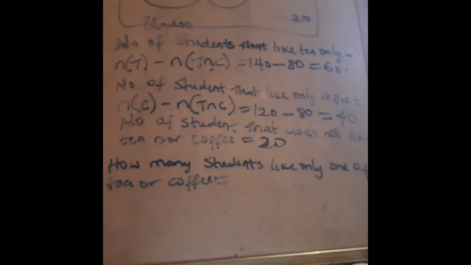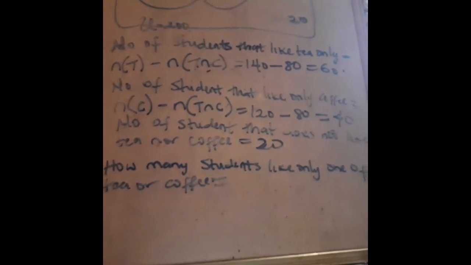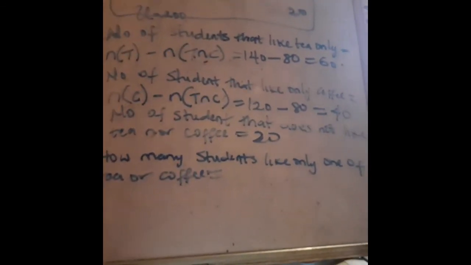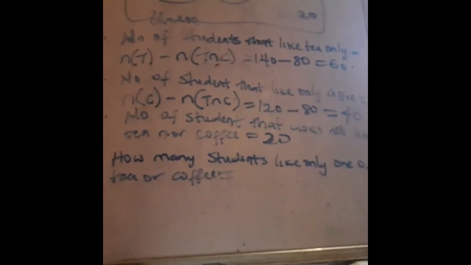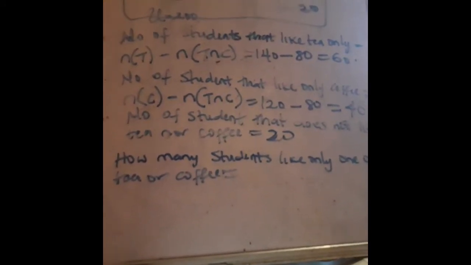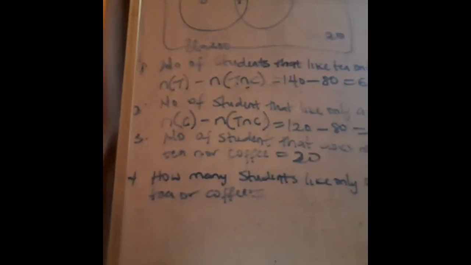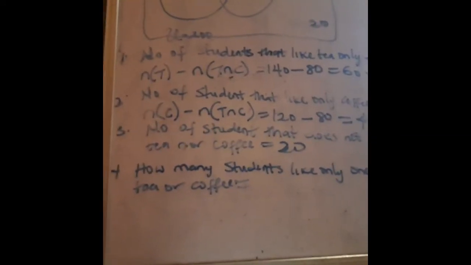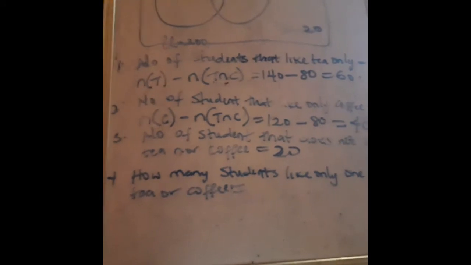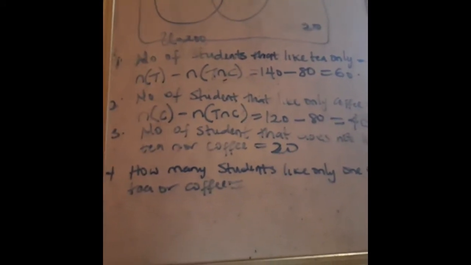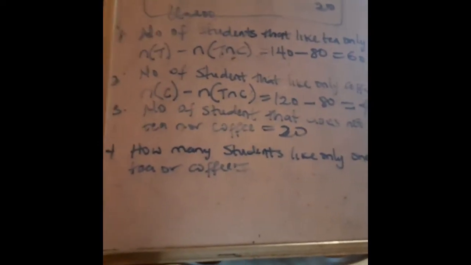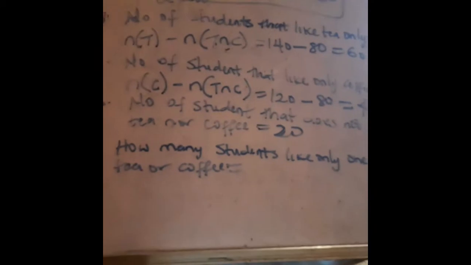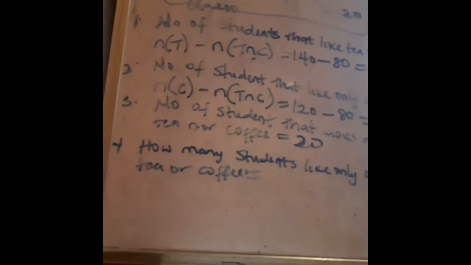So this question is just asking us for the number of students that like tea only plus the number of students that like coffee only. Don't let the English affect you. It's nothing hard. The question is saying how many students like only one of tea or coffee. That is the number of students that like tea only and the number of students that like coffee only. From here, the number of students that like tea only is 60 and the number of students that like coffee only is 40.